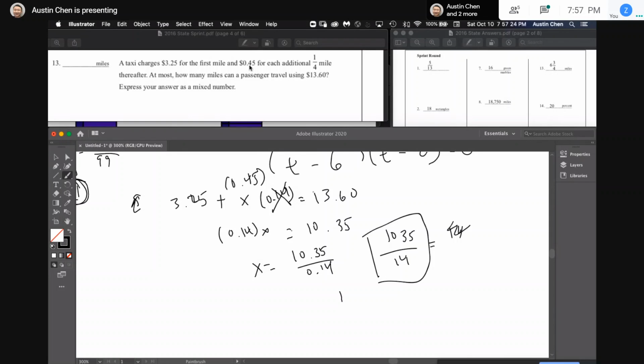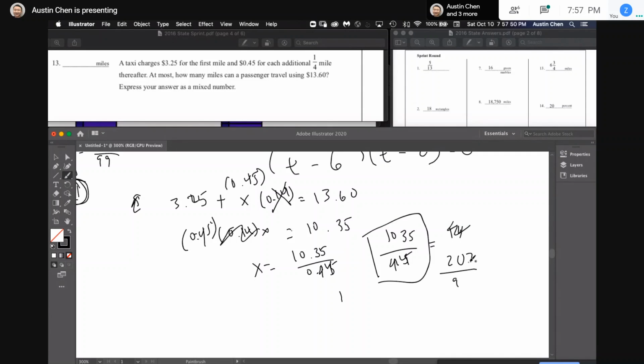But we're paying 0.45 for every additional 1/4 mile, right? So it has to be 0.45 here. So dividing by 0.45, that means we're dividing this by 45. Okay, and then we can get a 5 out of top and bottom, right? So then we have 7/9.